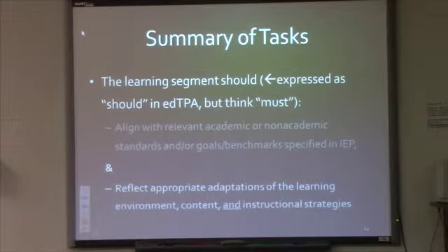And remember the learning segment is 3 to 5 consecutive lessons. So it's aligned with relevant academic standards and reflects appropriate adaptations of the learning environment, content, and instructional strategies. Let's look at the word relevant, because they use it.